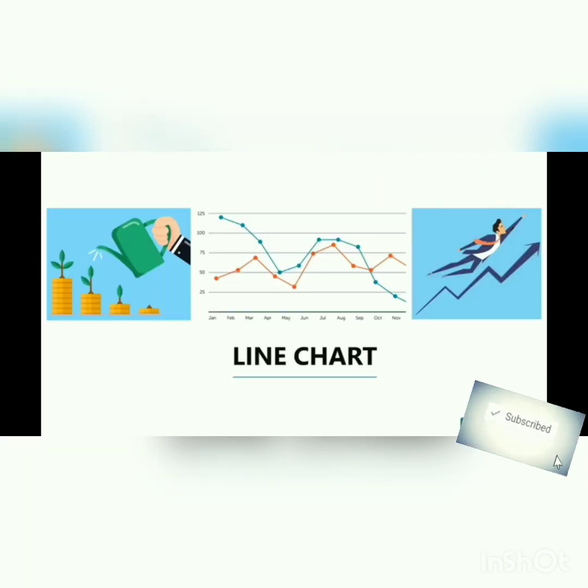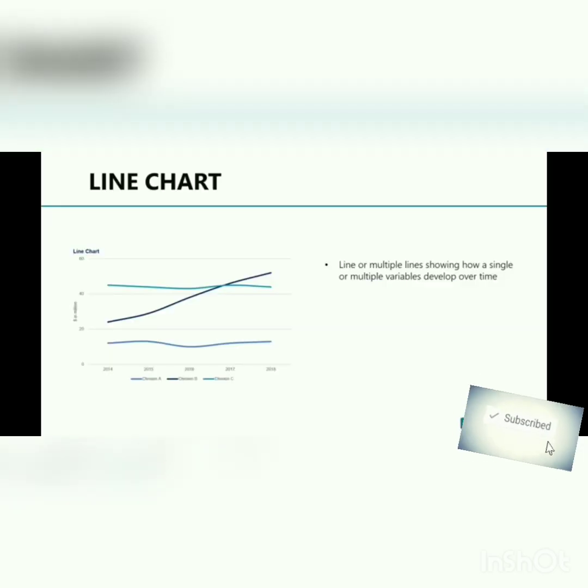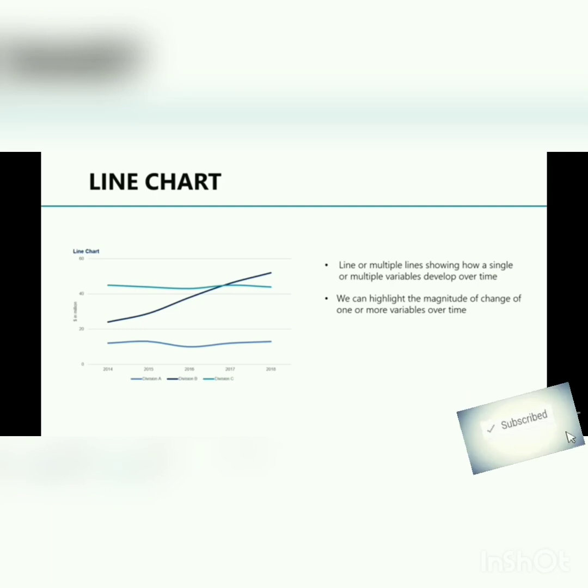Line charts. A line chart is, as one can easily imagine, a line or multiple lines showing how single or multiple variables develop over time. It is a great tool because we can easily highlight the magnitude of change of one or more variables over a period.